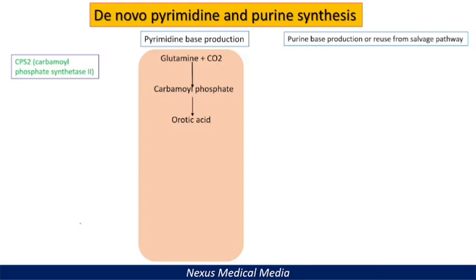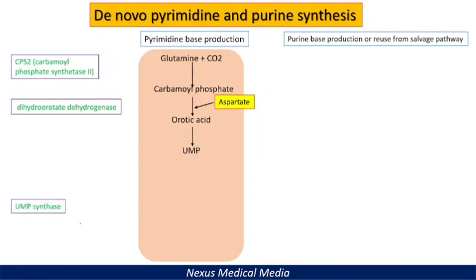Orotic acid is formed by adding aspartate, and the enzyme responsible is called dihydroorotate dehydrogenase. The next step is formation of uridine monophosphate, and the enzyme is UMP synthase.